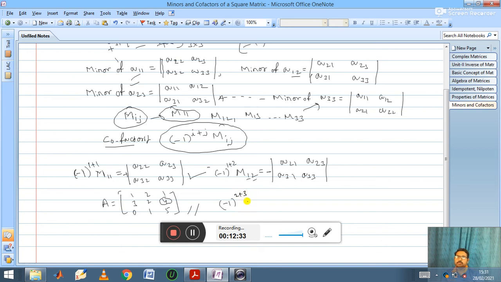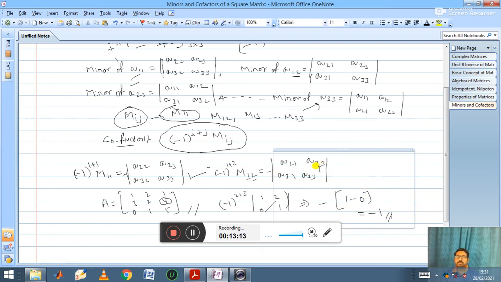Its minor is, deleting the second row and third column, the elements 1 2 0 1. This implies minus 1 power 5 gives a minus sign, then 1 into 1 is 1 and 2 into 0 gives minus 0. So minus 1 is the cofactor of 4.